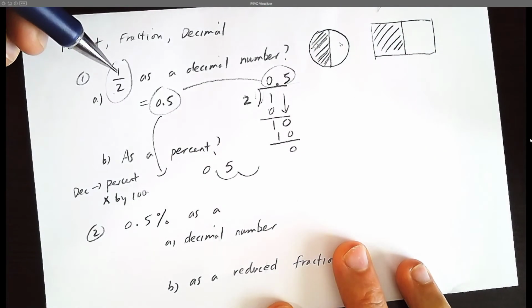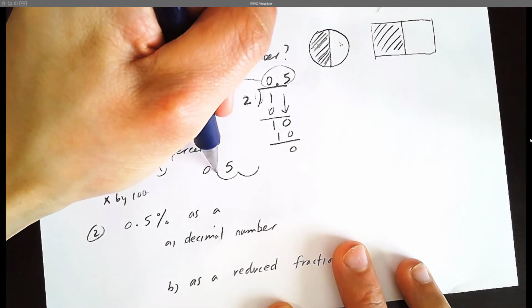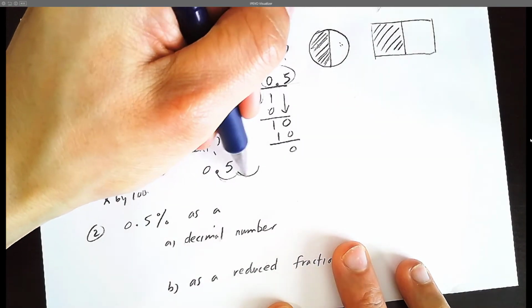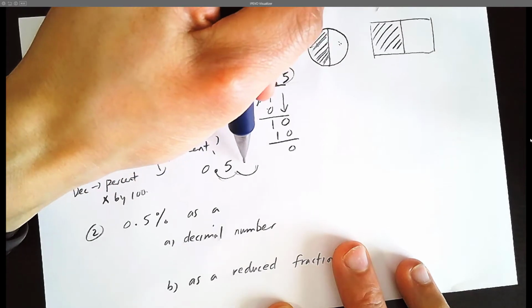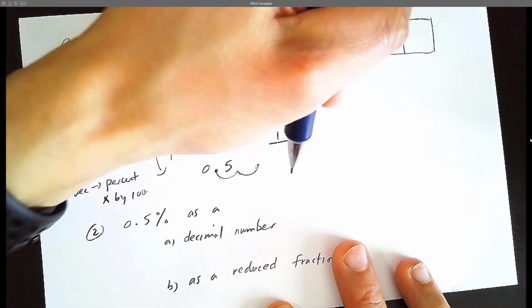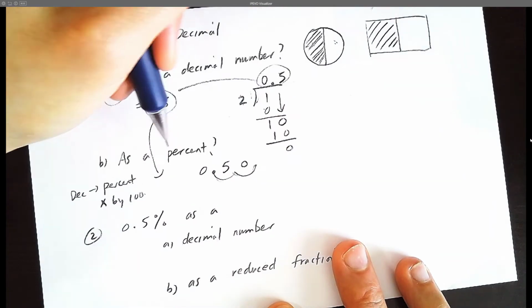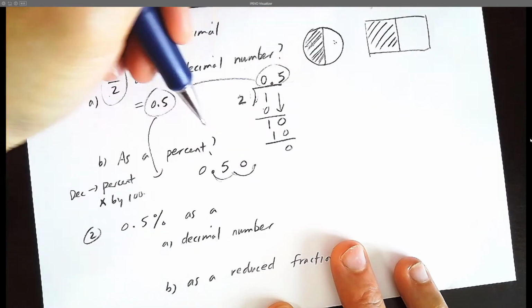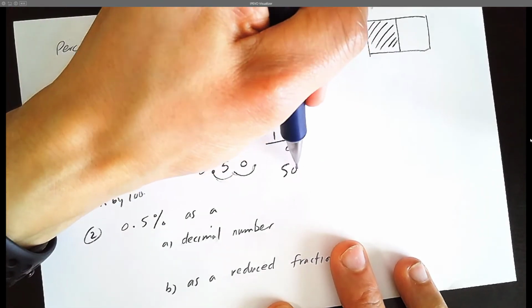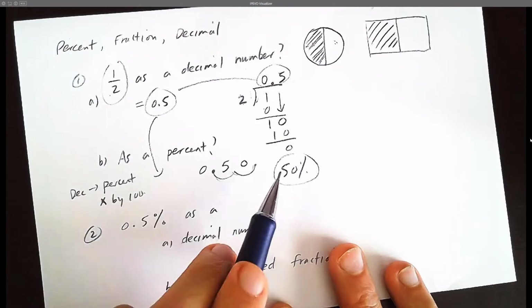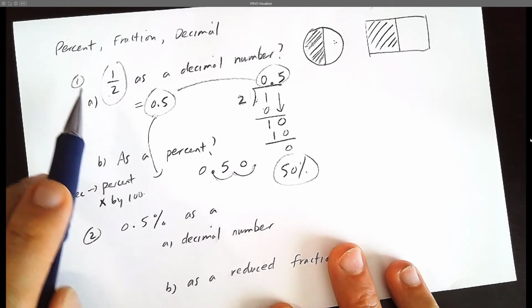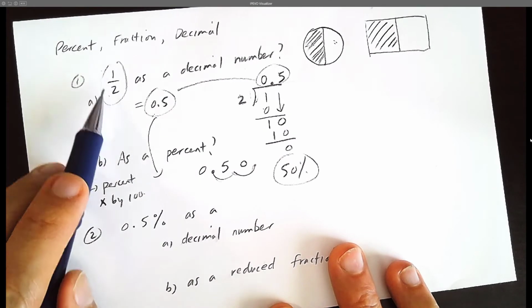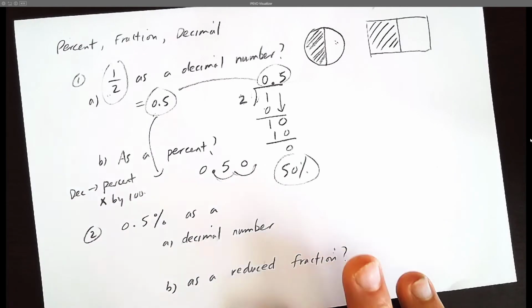When you multiply by 100, you take the decimal place and you move it 2 jumps to the right. So this now becomes 50. So 50% is what this decimal number is. And you probably know that. If you get a quiz mark, 1 out of 2, you just got 50%.